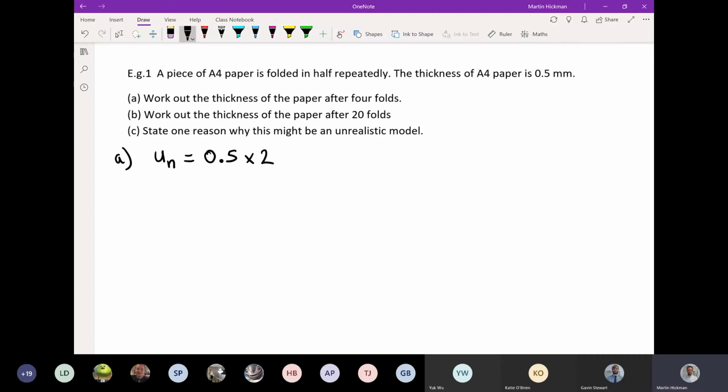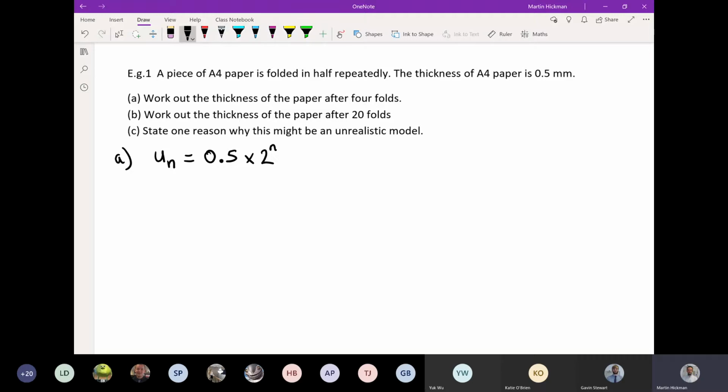A little bit like our first example, normally we'd times it by the common ratio to the power of n minus 1, but here I'm just going to put to the power of n. You could call that first term u0 and then use n minus 1 here if you wanted to be consistent.